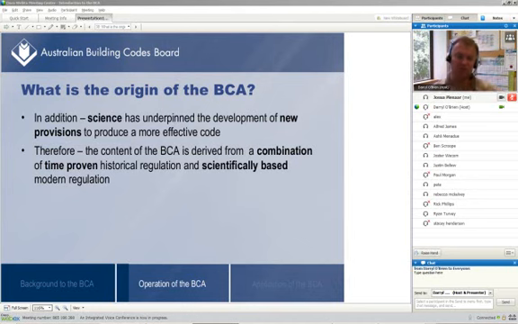Scientifically based modern regulation. Have a look at some of the fire engineering and some of the fire-based solutions. And if you're interested, and this will probably come up in your future studies, have a look on the web and Google search something called NIST, which stands for the National Institute of Standards and Technology.